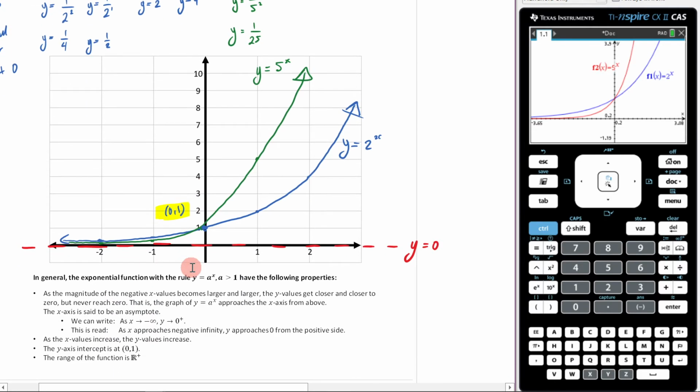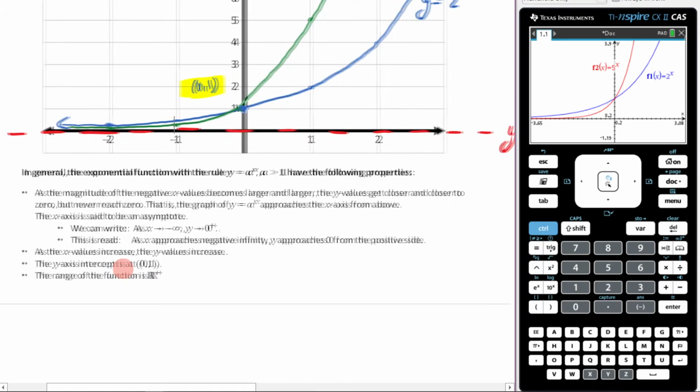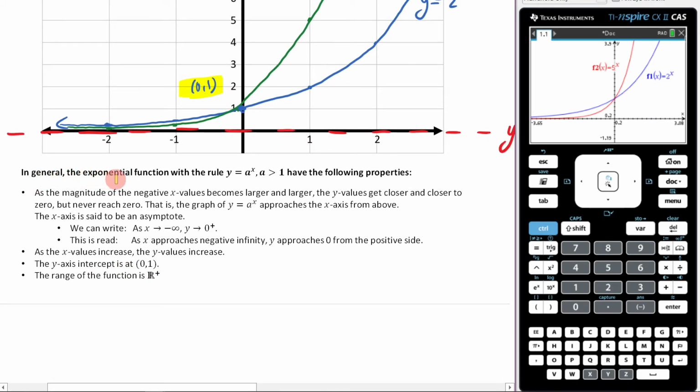So now we can just say some basic things. In general, the exponential function with the rule y equals a to the x, where a is greater than 1, has the following properties. As the magnitude of the negative x values becomes larger, so when I'm moving in this direction, the y values get closer and closer to 0.